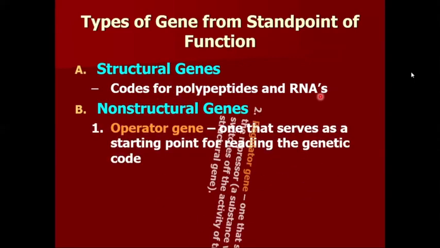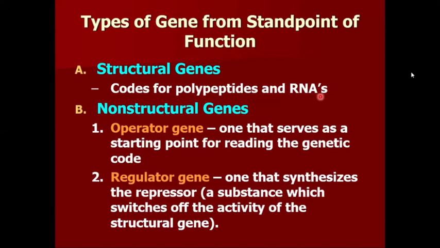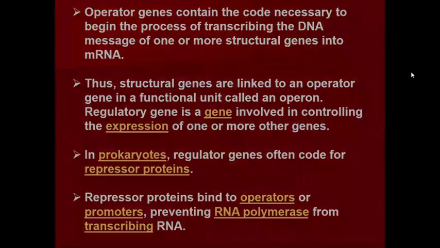And then we have non-structural genes, such as the operator gene, one that serves as a starting point for reading the genetic code, and the regulator gene, one that synthesizes a repressor, especially in the prokaryotes. A repressor is a substance that switches off the activity of the structural gene.